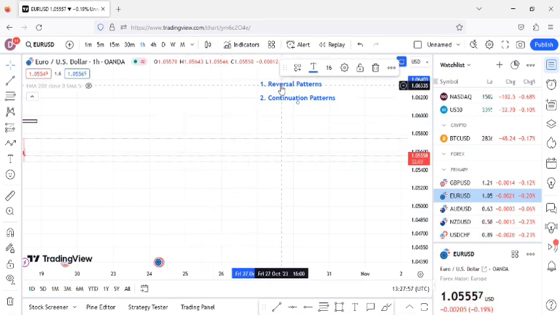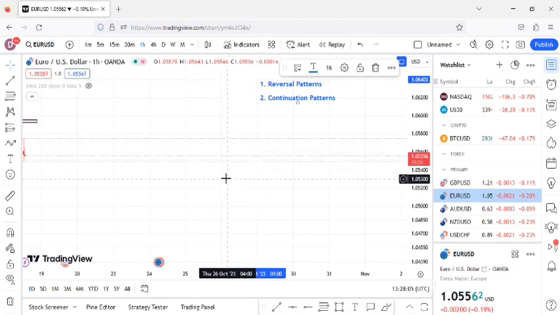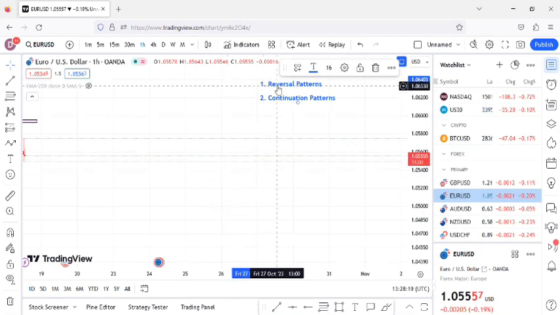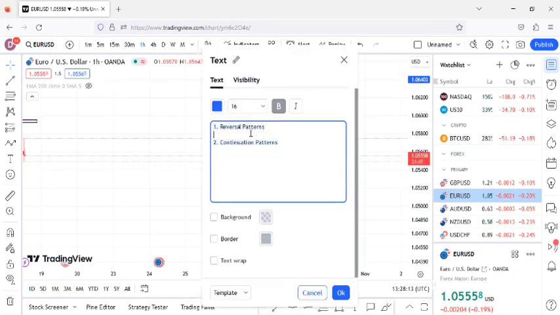In reversal patterns, we have so many of them, but there are major ones that I usually use, and you find them most often on the charts. One, we have double top.